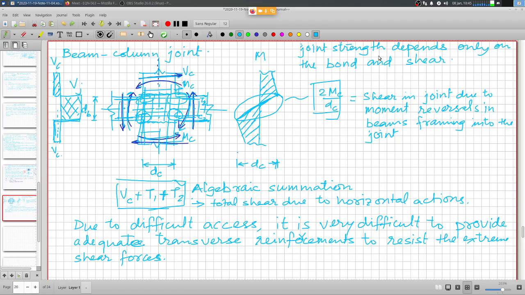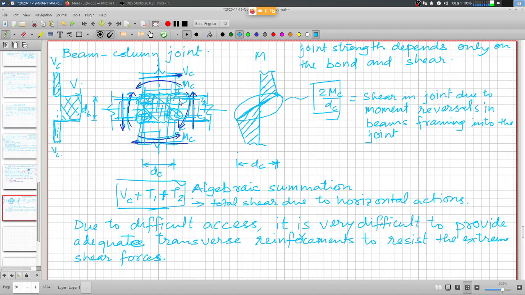The best practice is to avoid any inelastic deformation extending into the joint, and ensure that the concrete strength in compression remains intact, so that it allows you to develop sufficient shear strength. Because there is going to be tension here and compression here, so the diagonal truss action is what is going to be very critical.